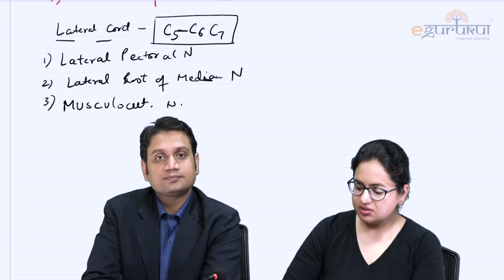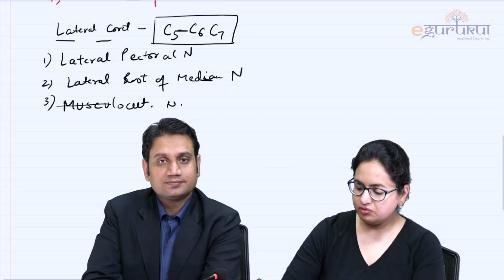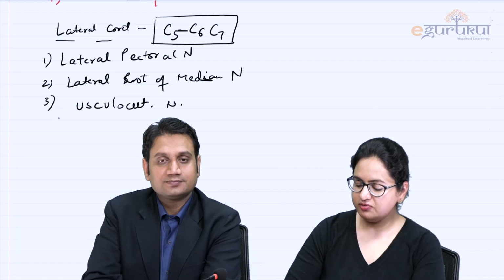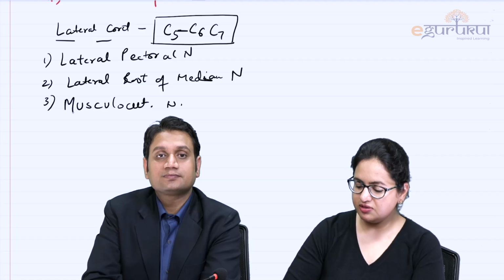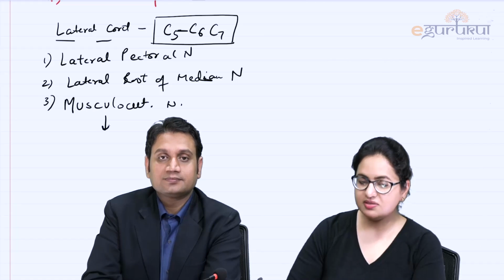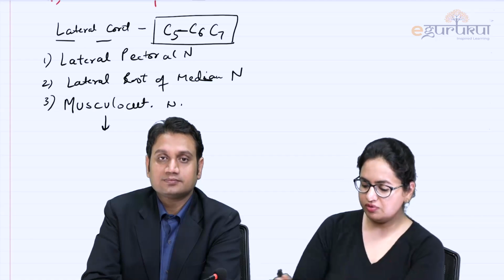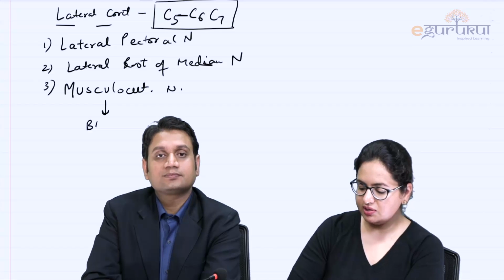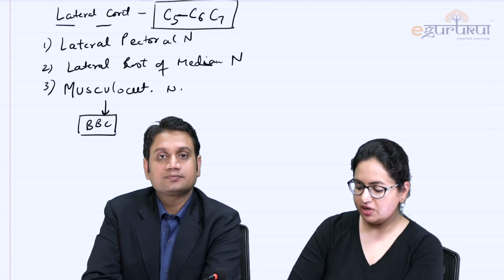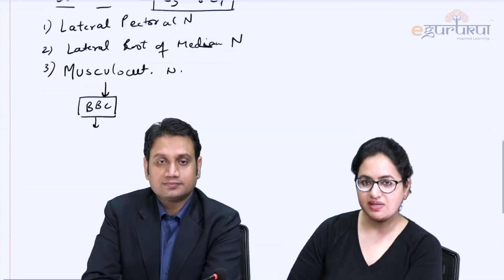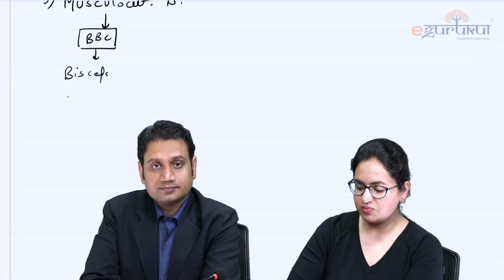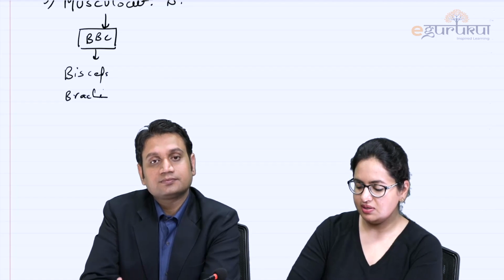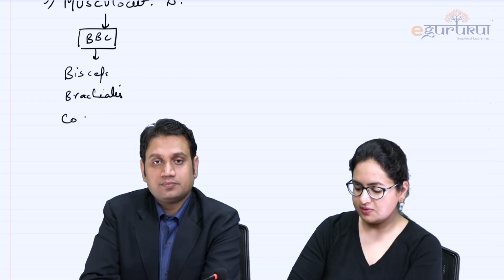The musculocutaneous nerve is a very significant nerve. We have already said the root value for this is C5, C6, C7, and this is the nerve for the anterior compartment of the arm. The 3 muscles of the anterior compartment of the arm are remembered as BBC: the biceps brachii, then the brachialis, and the coracobrachialis.